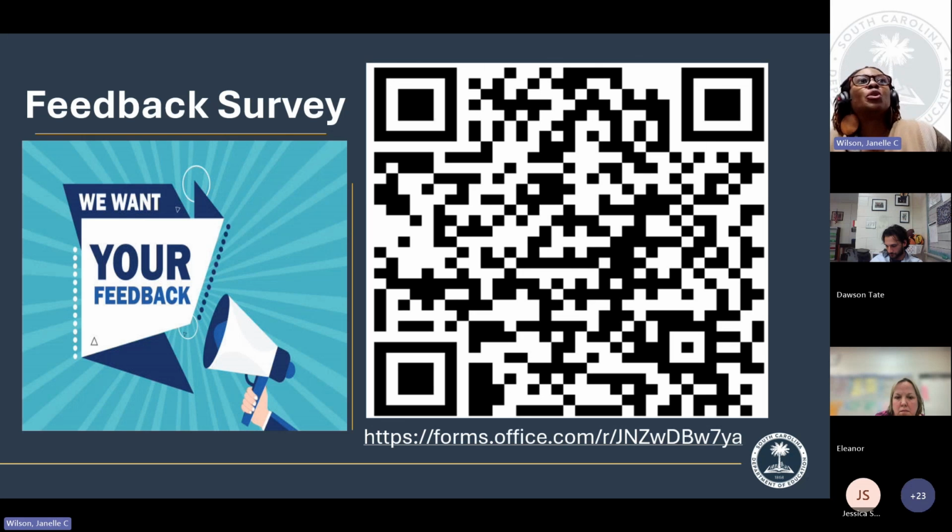Will district unit assessments also be? District unit assessments are up to the district. They won't need a low floor and a high ceiling because if these standards and indicators are taught with the fidelity that they should be, the majority of the students should be performing at a high ceiling.